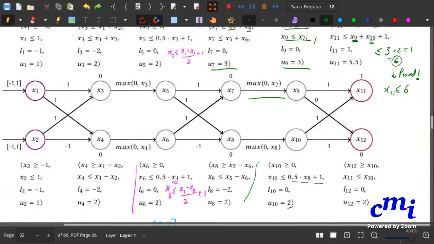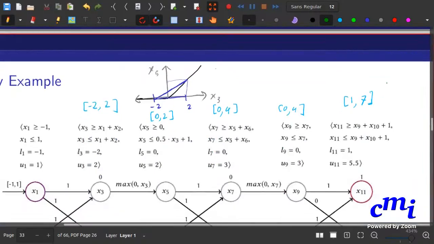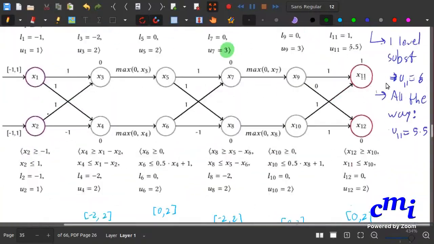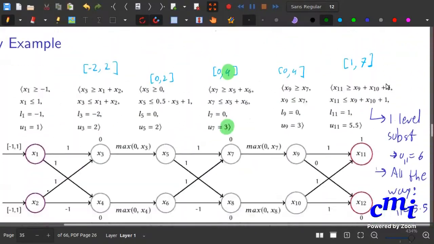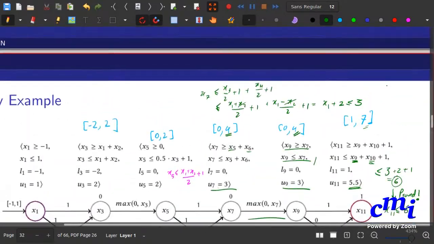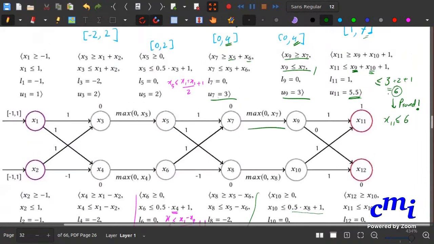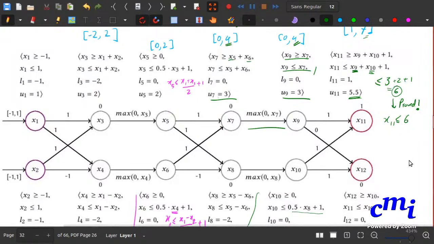And it turns out that if you do that, you get an even tighter bound. You get U11 to be 5.5 instead of 6. I have written that calculation out in some of the next slides, but I'll not do that calculation right now just for the sake of time. Maybe you can check that calculation offline, unless you really want me to do it right now.